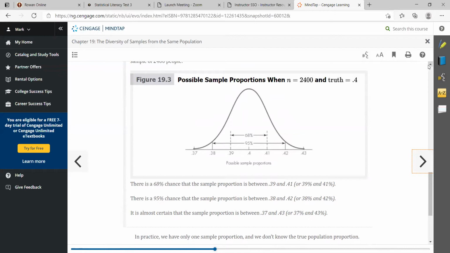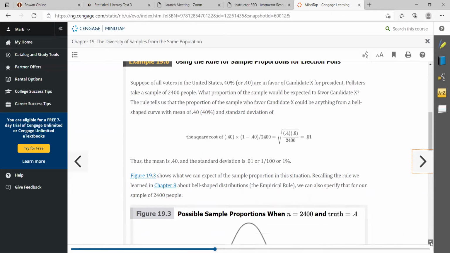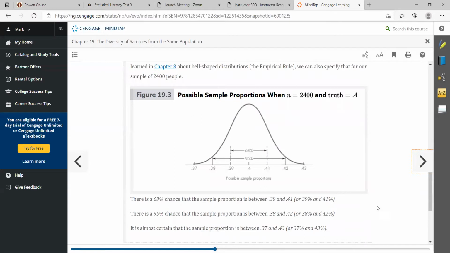If we know the population proportion, in this case 0.4, and we've calculated from that the standard deviation, we know from the empirical rule that 68% of the sample proportions will be between 0.39 and 0.41.